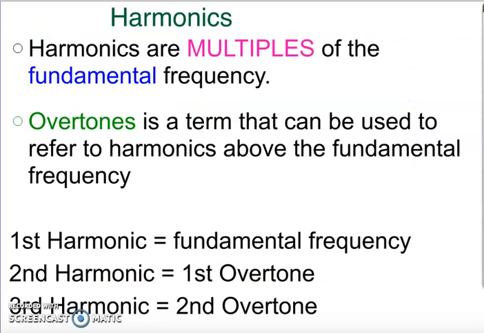Harmonics are multiples of this fundamental frequency, that lowest frequency that will create a standing wave pattern inside the tube. Overtones are a term that we use to refer to harmonics that are above the fundamental frequency. So our first harmonic is the fundamental frequency. Our second harmonic is what we're going to call our first overtone, and third harmonic would be the second overtone.